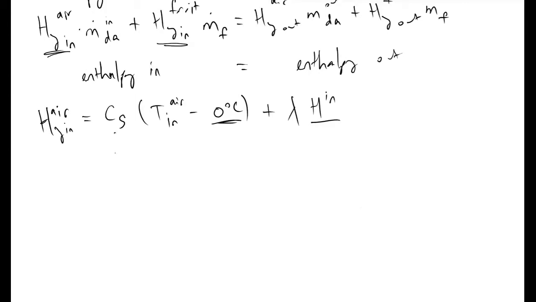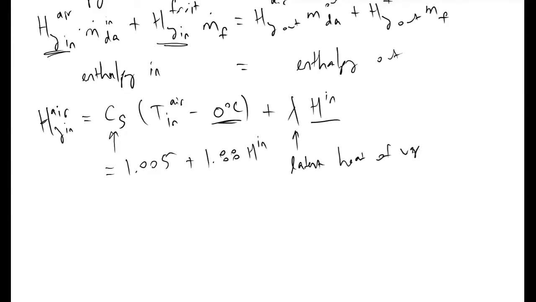And just to clarify these terms, C_S is a term that we can define as 1.005, this is a textbook definition, plus 1.88 times the humidity of our airstream. And this value, lambda, is called the latent heat of vaporization, and lambda is a function of temperature.